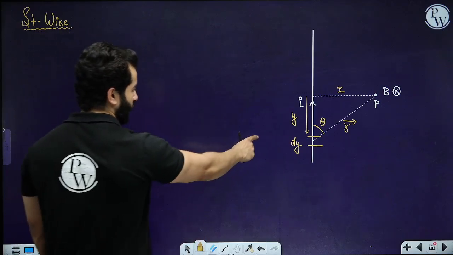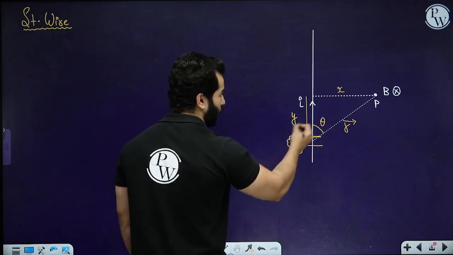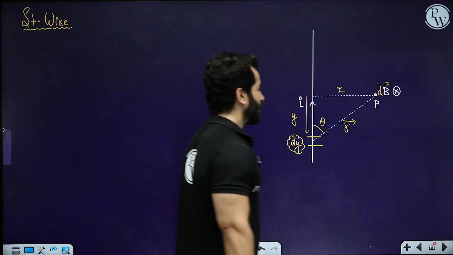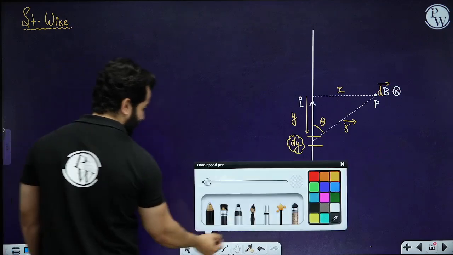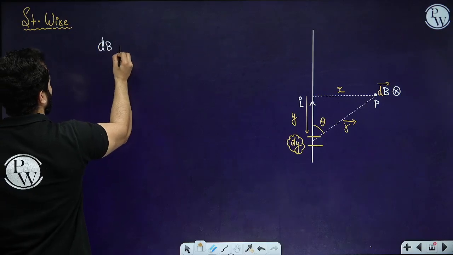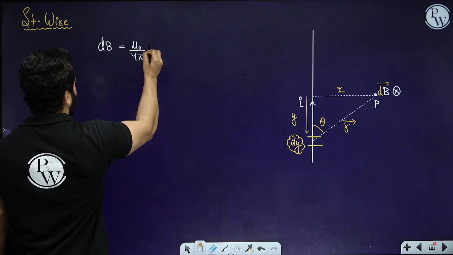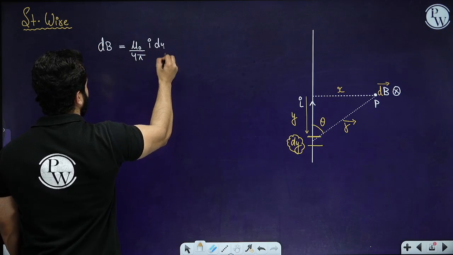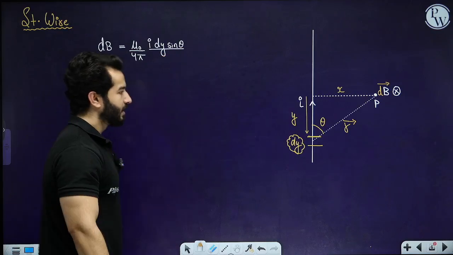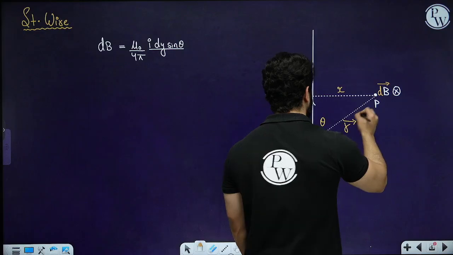So if I want to find out the magnetic field due to this dy at this point, the magnetic field is going to be dB, and that dB will be written as mu naught upon 4 pi, I dy sin theta, divided by the magnitude of this thing.